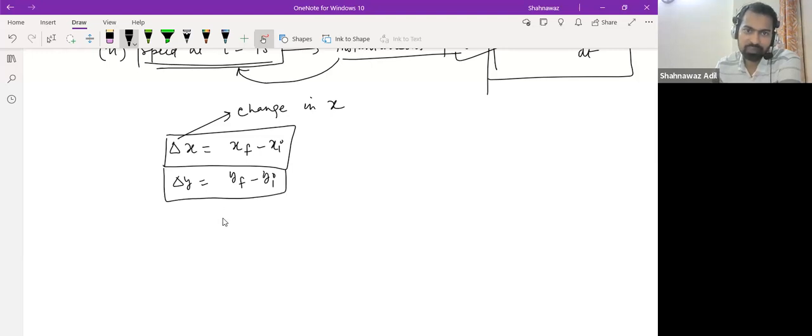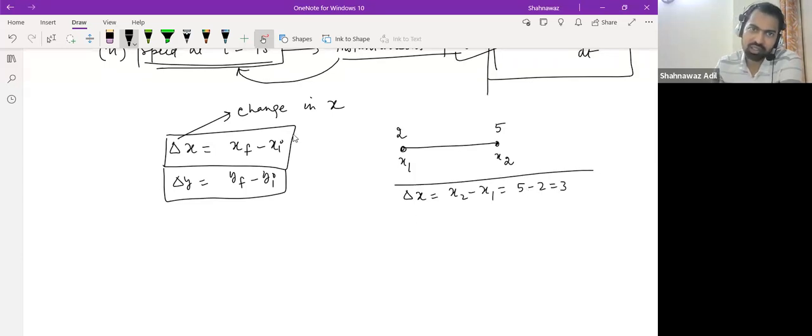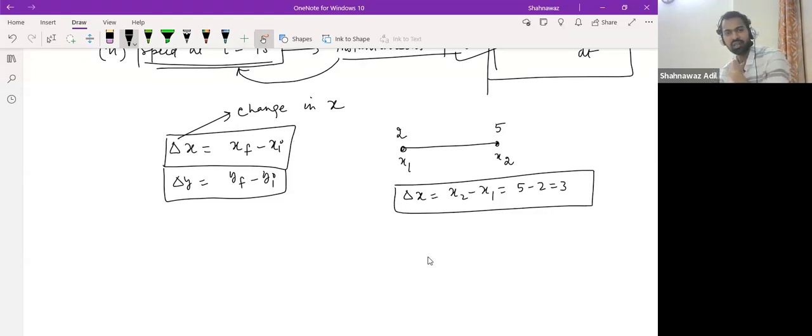Is that clear? Let's say I am at this point x1, which is 2, and this is x2, which is 5. So delta x would be x2 minus x1, which is 5 minus 2, which is 3. So this is the delta.